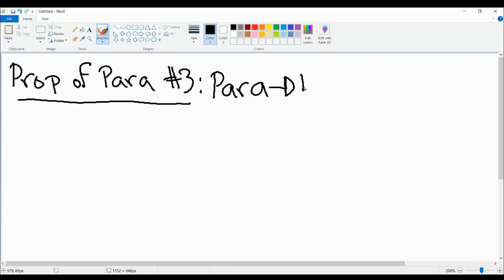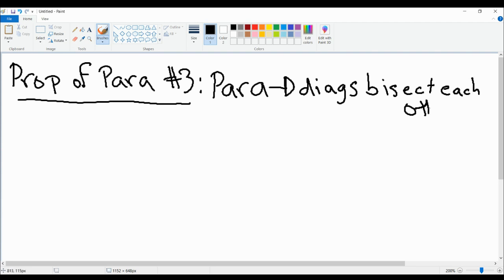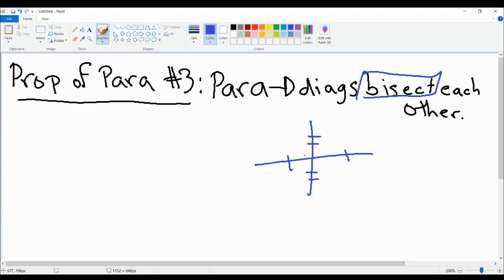So I'm just going to write diags bisect each other. So that's how you spell it. What this basically means is, if we were to find out what bisect means, it just means it cuts whatever it's intersecting.